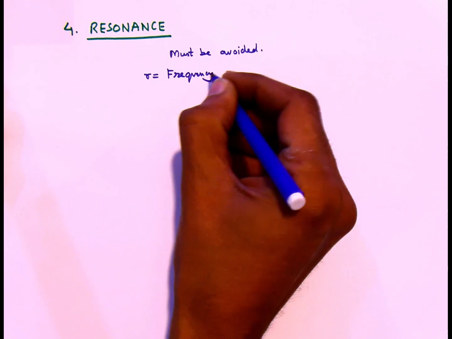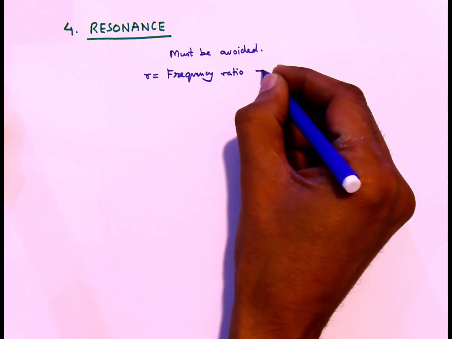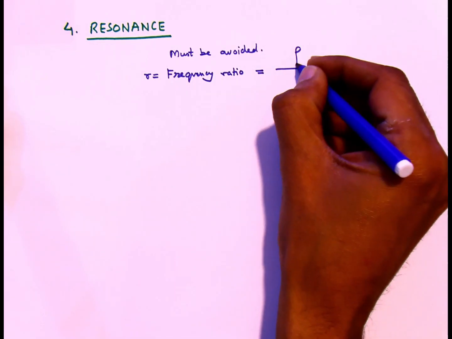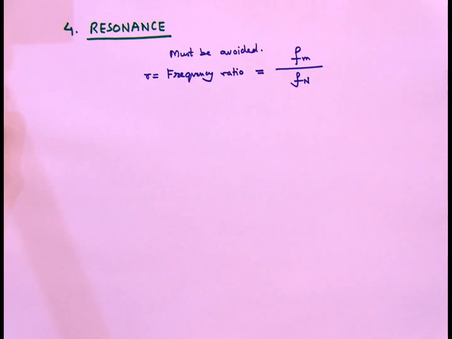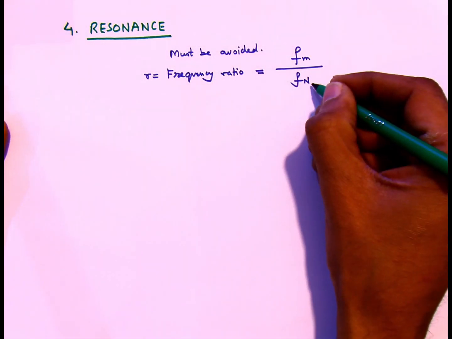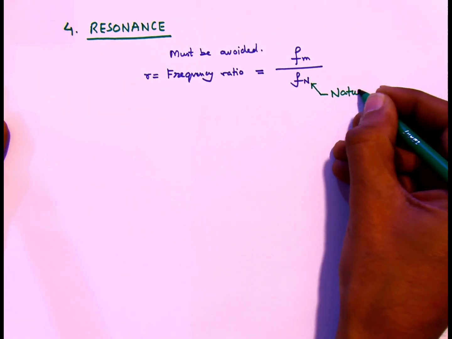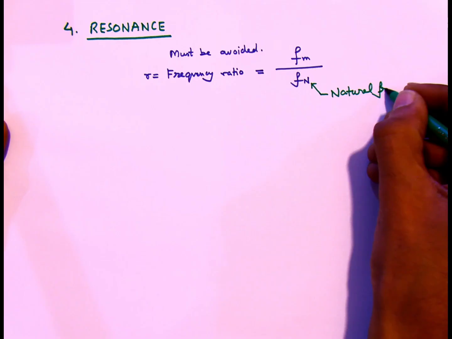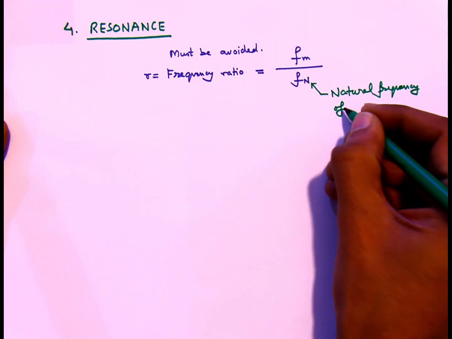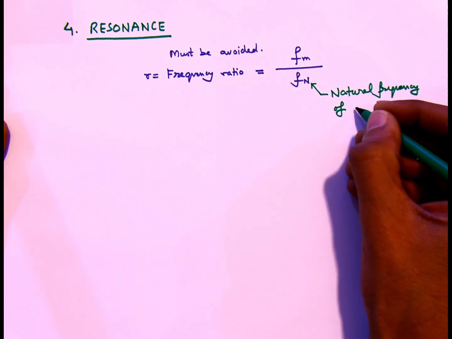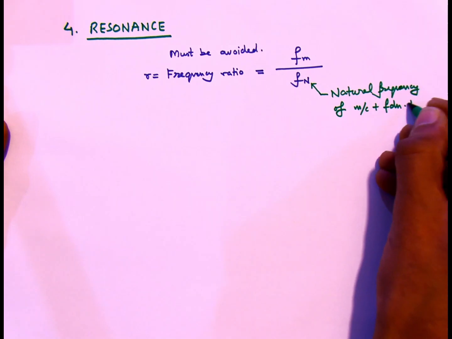For this purpose, we compute the frequency ratio R, which is the relative frequency of the machine with respect to the natural frequency of the machine, foundation, soil system. We use the symbol F subscript M to denote the operating frequency of the machine and F subscript capital N to denote the natural frequency of the system.